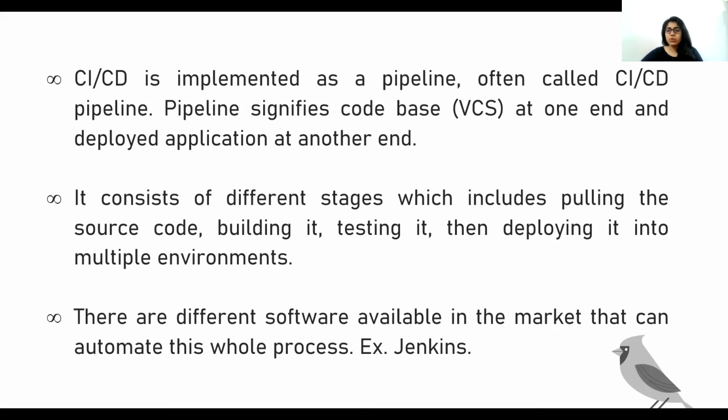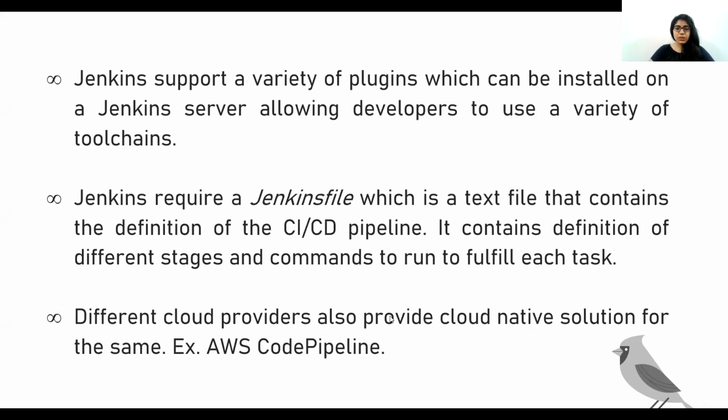One of the most popular software that is available in the market is Jenkins. Similar to Jenkins, there are also cloud based CI/CD tools as well. Jenkins supports a lot of plugins which can be installed to support multiple types of projects written in different languages, allowing developers to use a variety of toolchains.